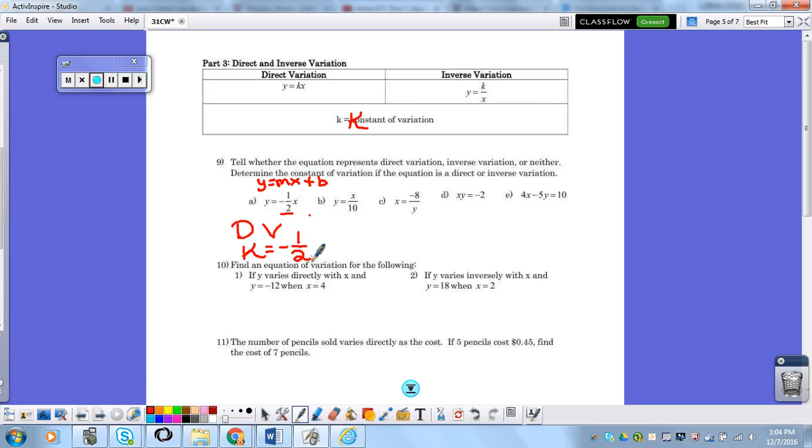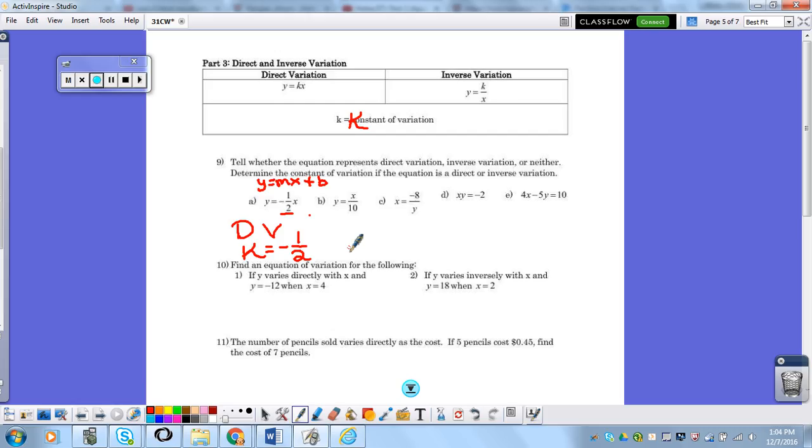Letter B. Y equals x divided by 10. If you notice, yes, it's divided by, but in inverse variation, you have to make sure that one variable is on top and one variable is on the bottom, and the number is on top. Letter B says that both your variables are on top.